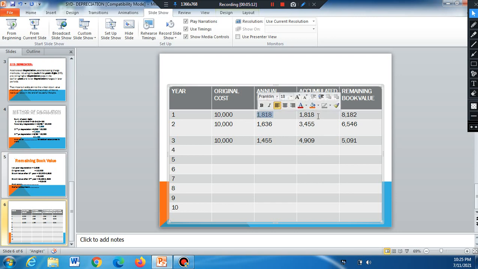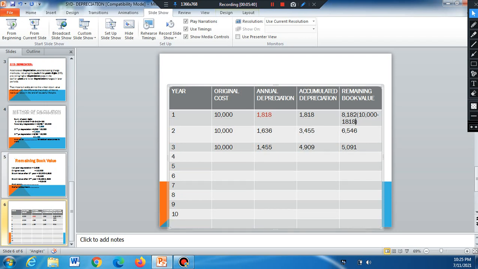Obviously at the end of the year, the accumulated depreciation is also 1818. What will be the remaining book value? This is very important. How is it calculated? Just quickly take a look here.